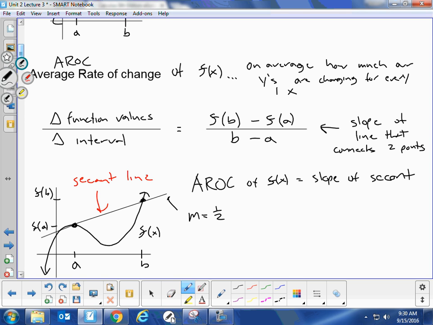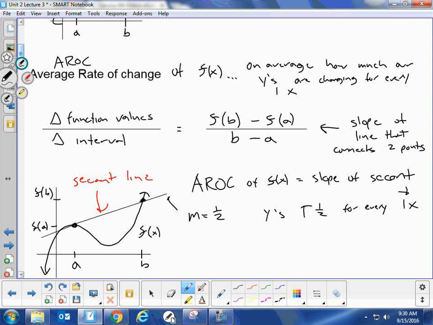On average, my y's are increasing, because this is positive, by 1/2 unit for every x unit, for every 1 x. And the x's are always going to the right. We typically will talk from left to right.